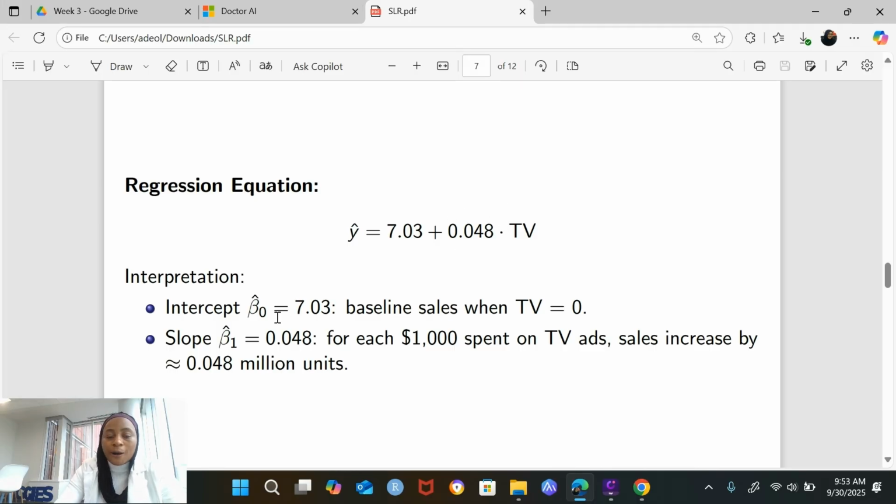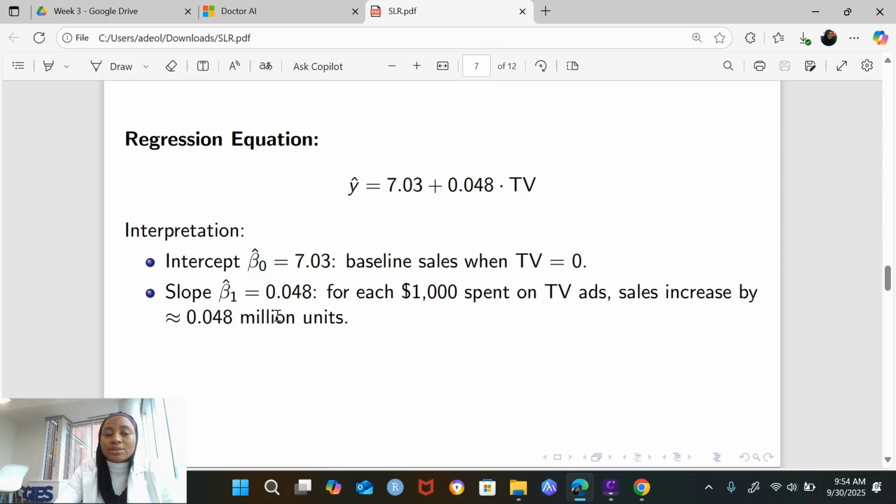For us to interpret our beta 1, we already know the estimate of beta 1 itself is 0.048. Because it's a positive value, you can say on the average, a unit increase in TV will lead to an increase of 0.048.